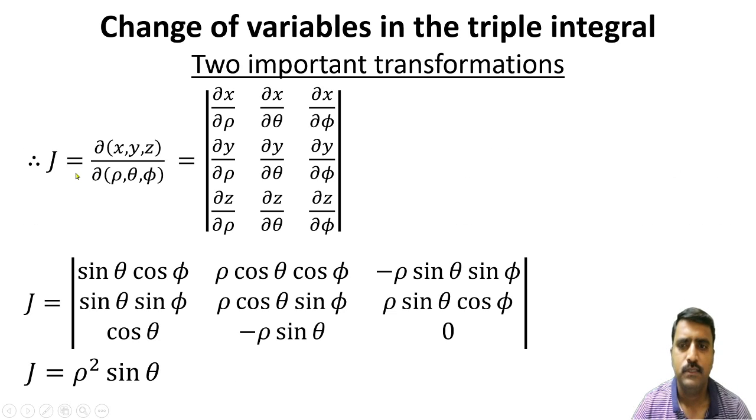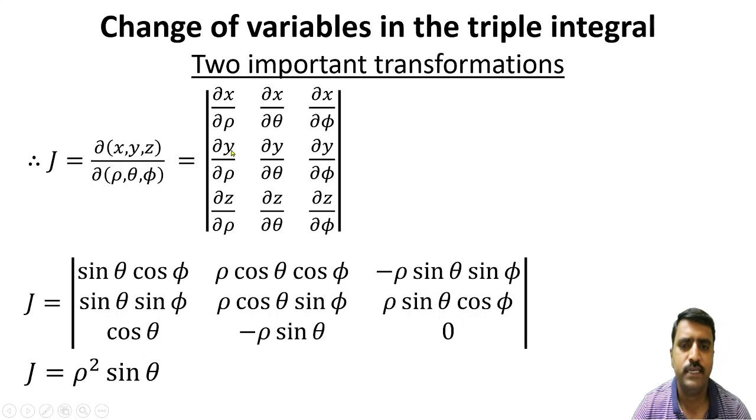Now the Jacobian J can be found by using del of x, y, z by del of rho, theta, phi. That is del x by del rho, del x by del theta, del x by del phi. Similarly, del y by del rho, del y by del theta, del y by del phi, del z by del rho, del z by del theta, del z by del phi. Correspondingly, you take differentiation of x with respect to rho, theta, phi and substitute in the first row.